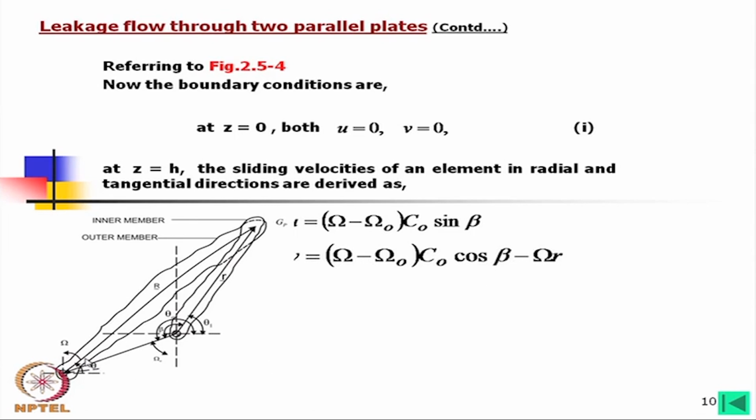Now, what is omega? This plate is rotating at the speed of omega, and the other one is rotating at omega 0.